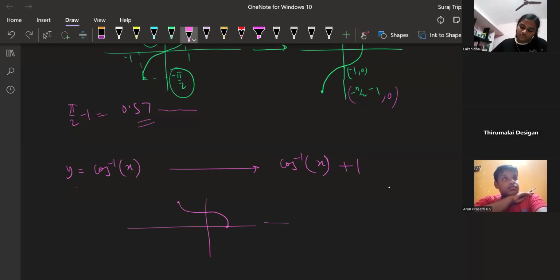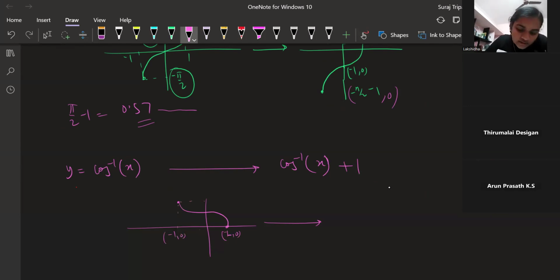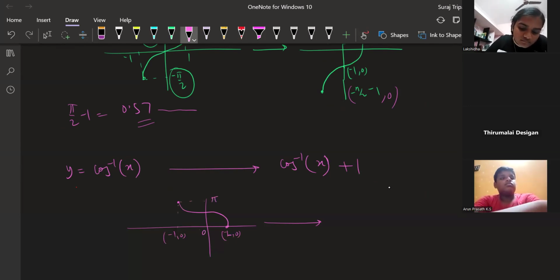Now shift it by 1 towards upside. Previously this point is 1, comma 0, this is minus 1, comma 0, and this point is pi, this point is 0.